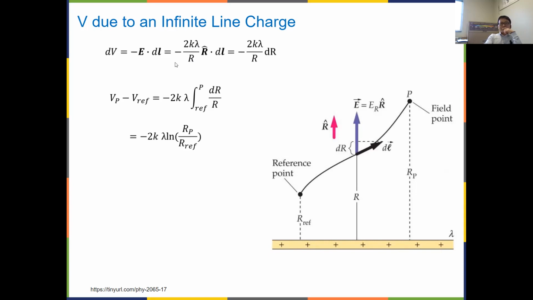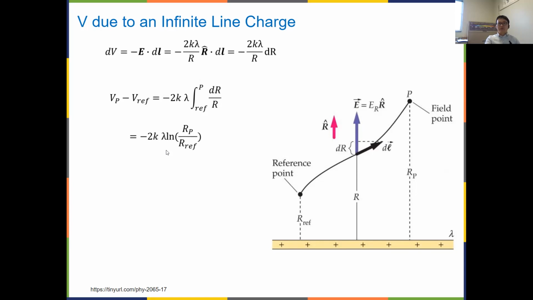So V at P minus V at the reference point should be minus the integral of E, which is a constant here, dotted with dL. If you dot with r-hat in that direction, that gives you its component in that direction, so dr. Integrating from the lower limit to the upper limit, r reference to r P, this will give you the natural logarithm of r, and as a result, it will give you this answer.